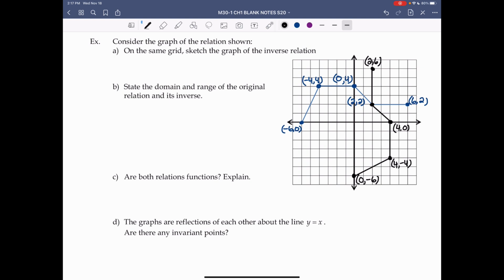Part B, state the domain and range of the original relation and its inverse.